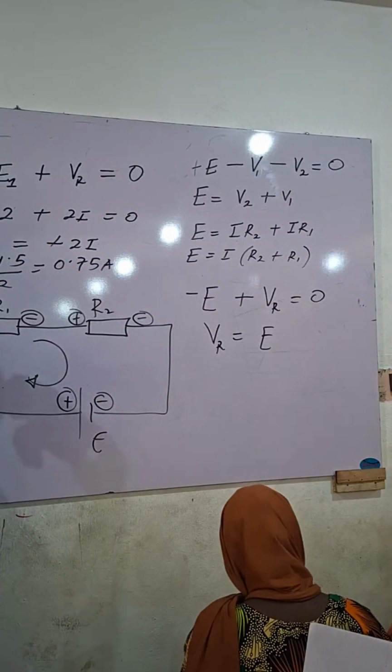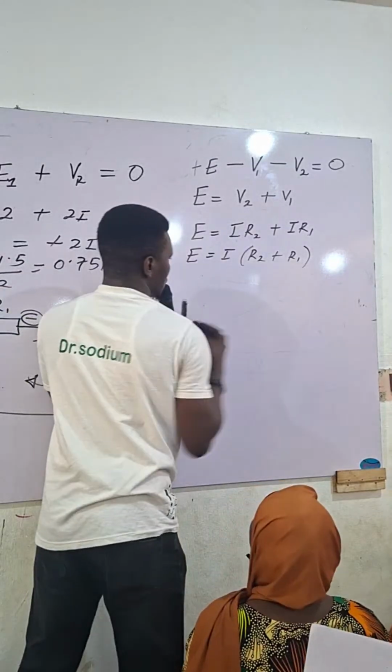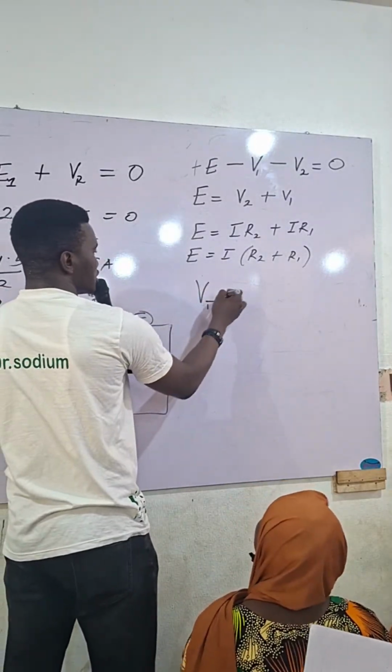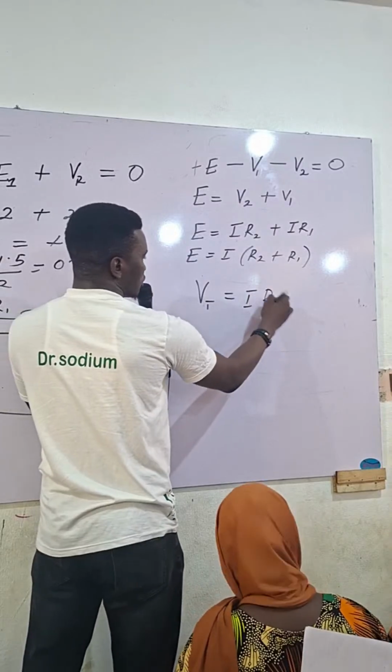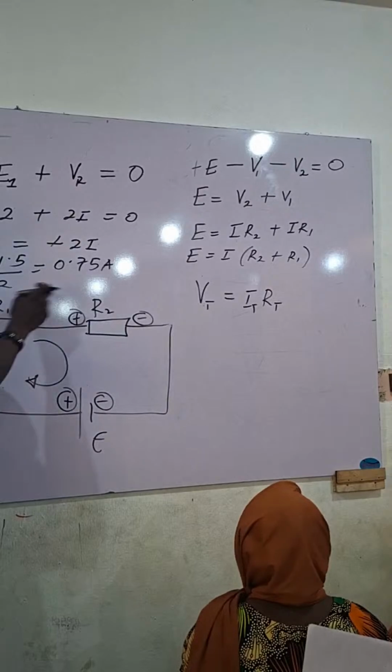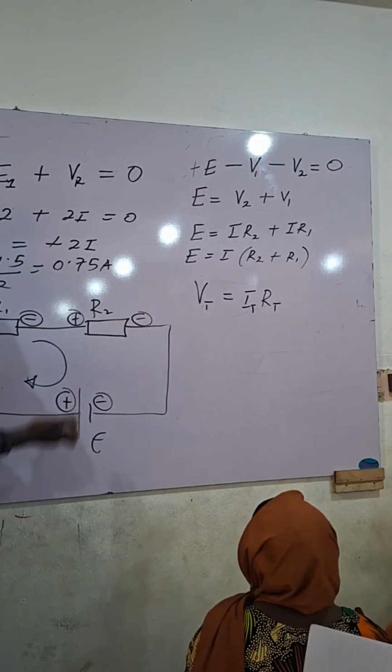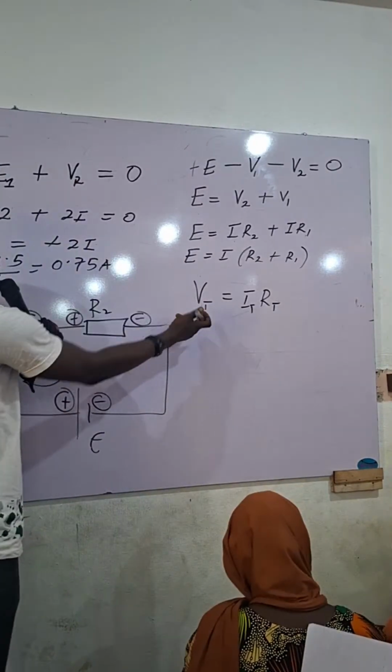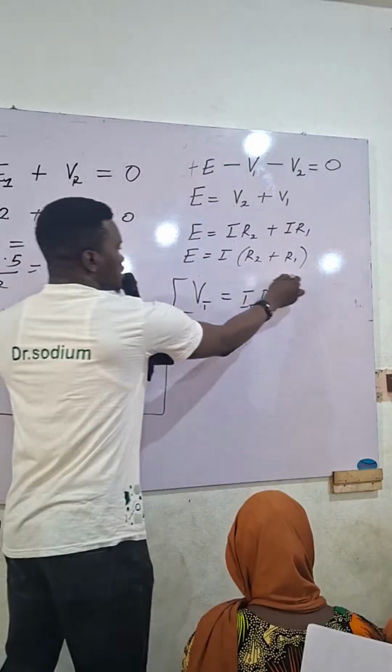We always say total voltage is equal to I R total, and R total for series is always what? R1 plus R2. So it's the same thing.